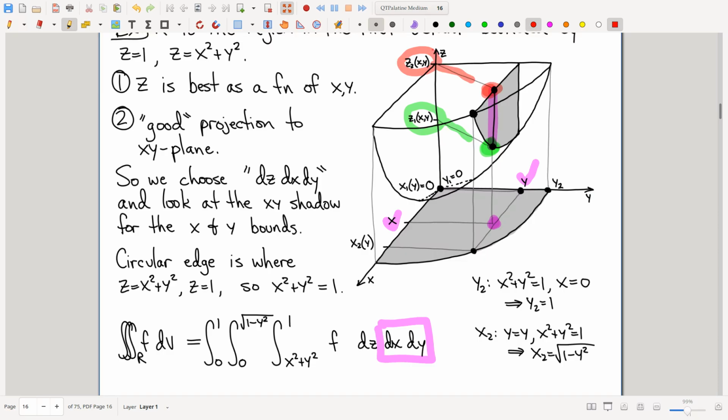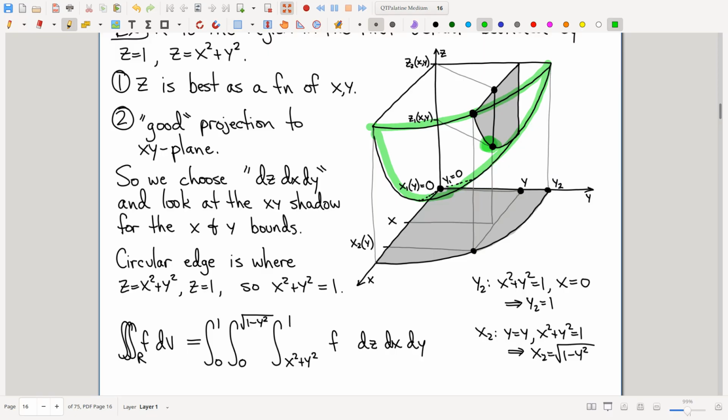And sometimes, and this is a good case, sometimes that point that defines the lower bound is always on the same surface. Check it out. For this particular surface, no matter where you are in this shadow, the lower point of our slice is always on that green surface, consistently. No matter where you are in the shadow, the lower bound's always on that green surface. Does everybody see that? Okay.